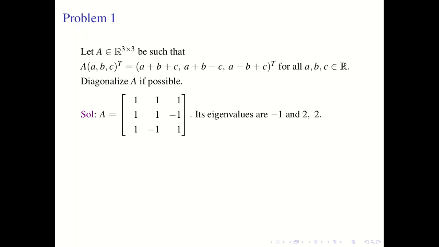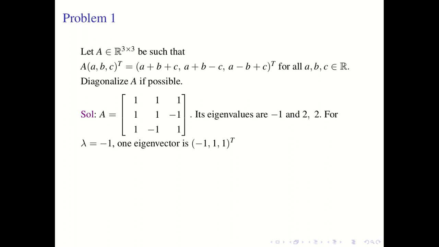Now, as we have done in the last lecture and the earlier tutorial, you can compute the eigenvectors by solving Ax equal to -x and Ax equal to 2x. So, take eigenvalue lambda equal to -1 and solve the system Ax equal to -x.